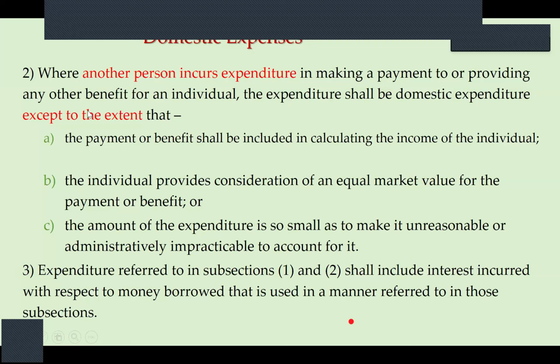Then subsection 2 says, where another person incurs expenditure in making a payment to or providing any other benefit for an individual. That means I am not incurring that expenditure, but another person incurred expenditure in making payment to or providing any other benefit for an individual. That means on behalf of me, the other person incurs that expenditure.